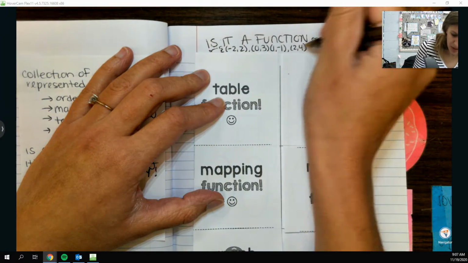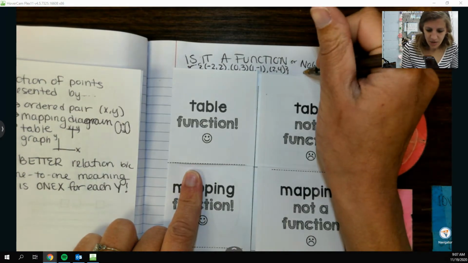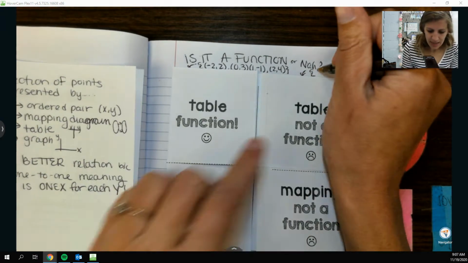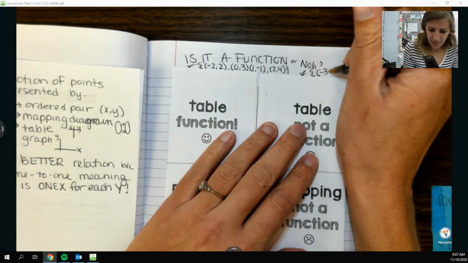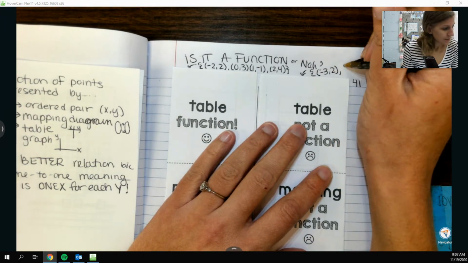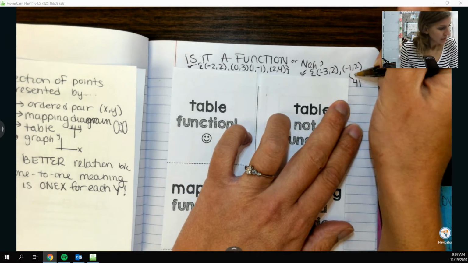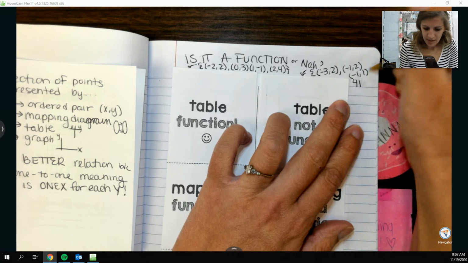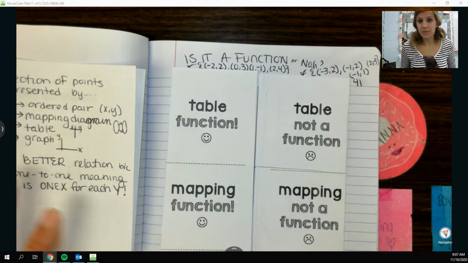We'll use those on this side, versus over here we're going to use the points negative 3 comma 2, negative 1 comma 2, negative 1 comma 1, and 2 comma negative 3. Sorry, they're kind of all over the place.